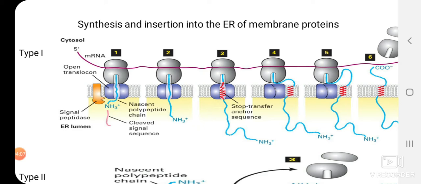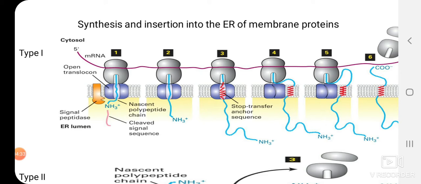Now, why is this part of the polypeptide going to make itself like this? Because this is the signal which says this protein is a membrane protein and it is supposed to be transported or put into the membrane.